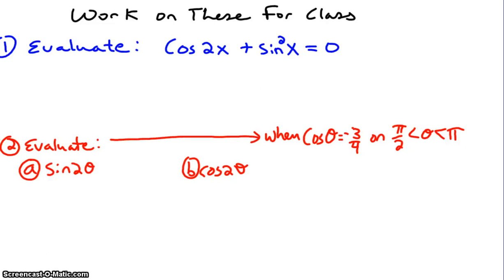And number 2, we're going to evaluate both sine 2 theta and cosine 2 theta, in this case, when we have cosine theta equals -3/4 and it's on the interval pi over 2 less than theta, which is less than pi.